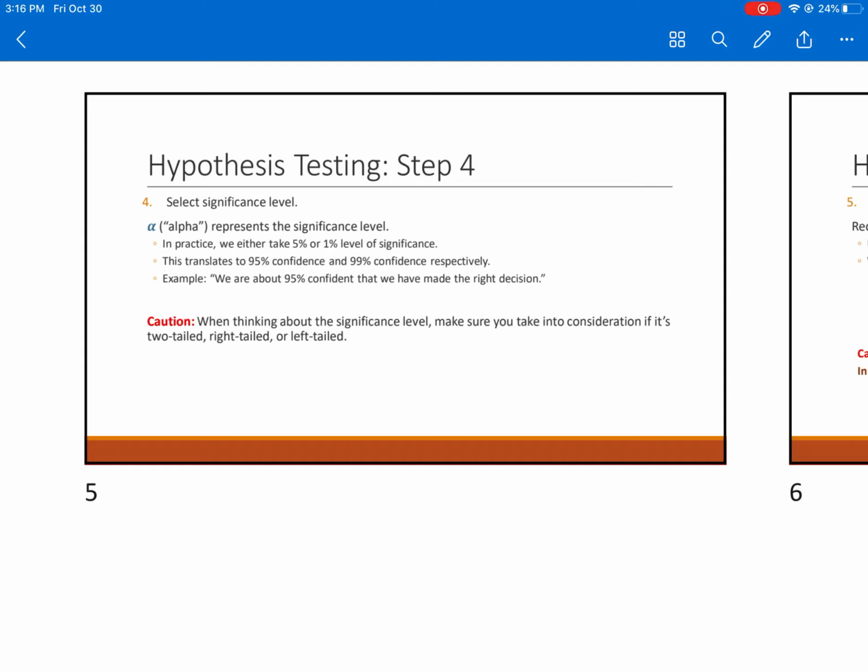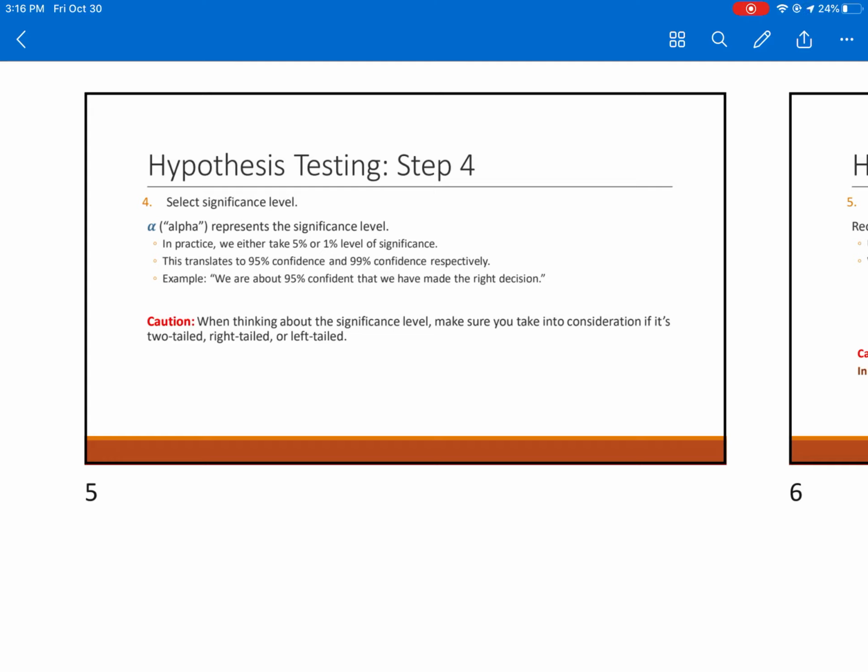Okay, step 4 of your hypothesis testing. Here's where you select your significance level, and that's your alpha. In practice, we either take 5% or 1% level of significance. What that translates to is a 95% confidence or a 99% confidence respectively. So if I'm 95% confident, my alpha is 5%.